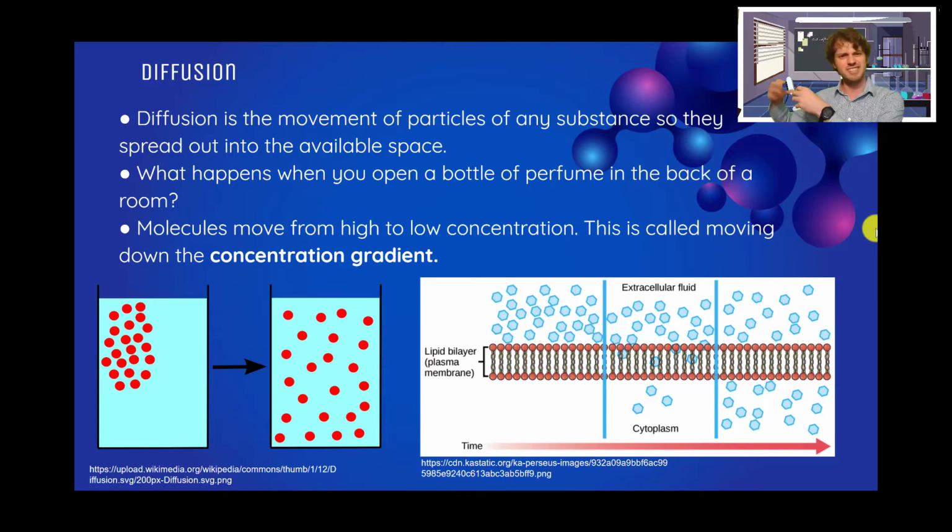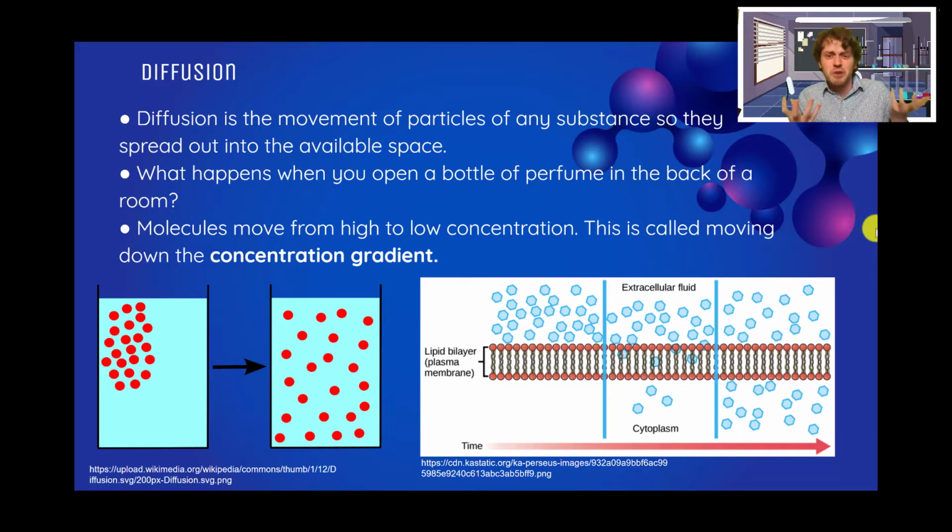But there's a high concentration of that perfume back here in the back of my classroom. Those volatile molecules, those molecules that have gone into the vapor phase, are going to start diffusing to where there's no perfume. So it's going from that high area of concentration of perfume to a lower area of concentration, which is the front of the classroom, and eventually we smell that, right?